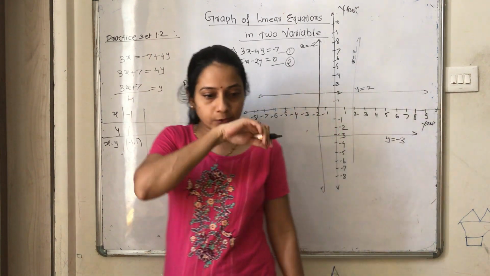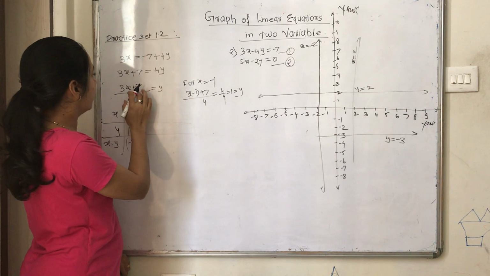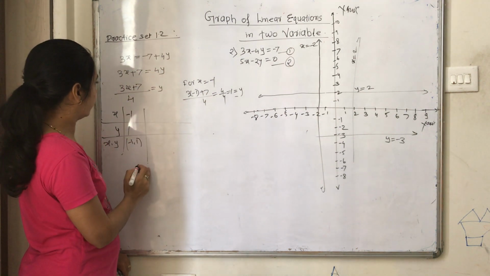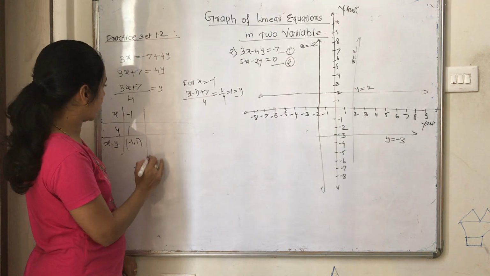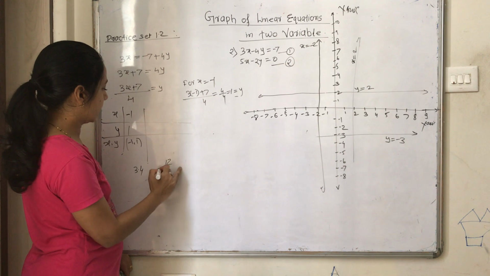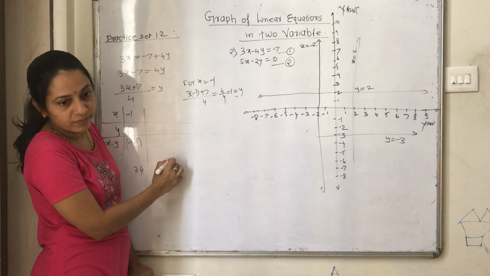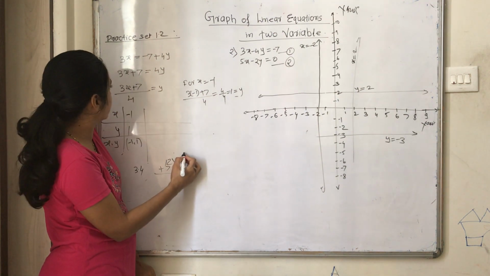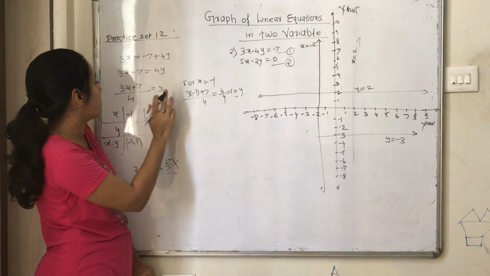Next value, see here, how to choose the values. If I take 4, 3 4s are 12, 12 plus 7, so this will not work. So if I take 3, what will I get? 3 into 3 is 9, 9 plus 7 is 16. 16 divided by 4 is 4.